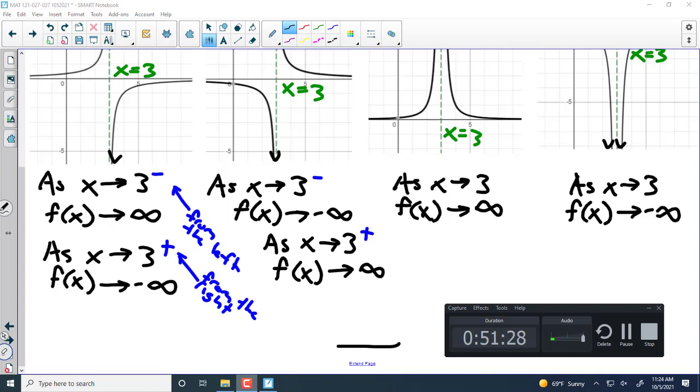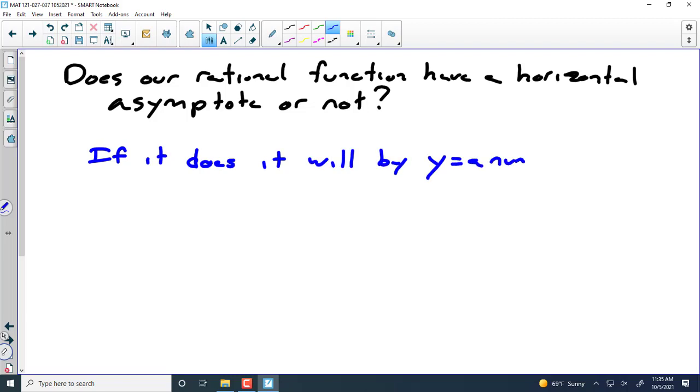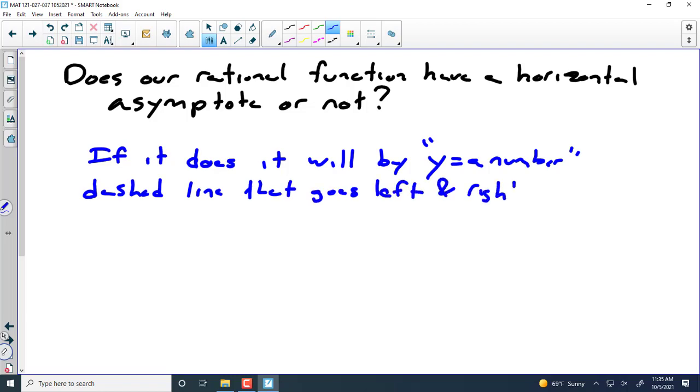So let's ask: does our rational function have a horizontal asymptote, or does it not have a horizontal asymptote? It either has one or it doesn't. If it does, it will be y equals a number, and it will be a dashed line that goes left and right forever.